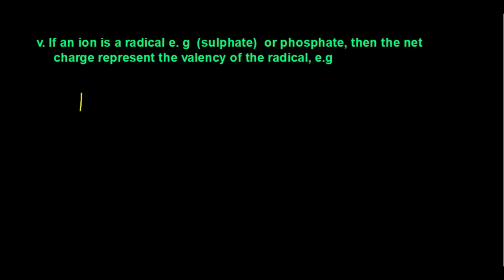For example, if we have a radical like phosphate, PO4, having the valency or the charge -3. Similarly, we have another radical, for example, sulfate, SO4, and the charge is -2. This charge represents the valency of the sulfate ion.